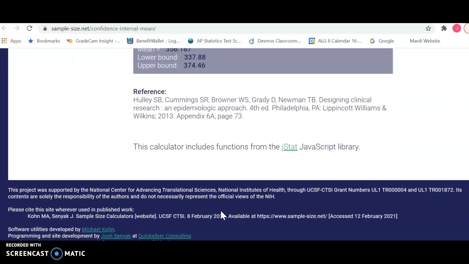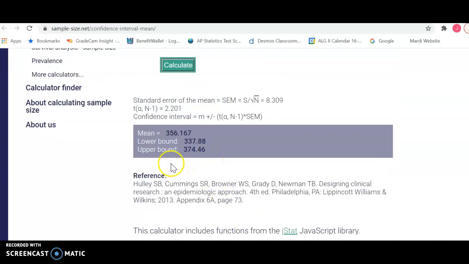Then I'm going to go down here, and unlike intervals, we don't have multiple to look at. There's just one t-interval. Okay? So you can see that n-1 is that degrees of freedom thing. And then this t for t, and there's a bunch of other stuff that you don't really need to worry about, but we're looking at this as our lower bound and this is our upper bound.